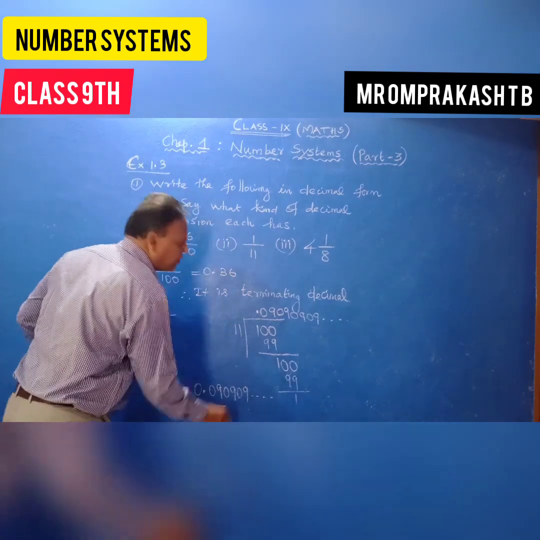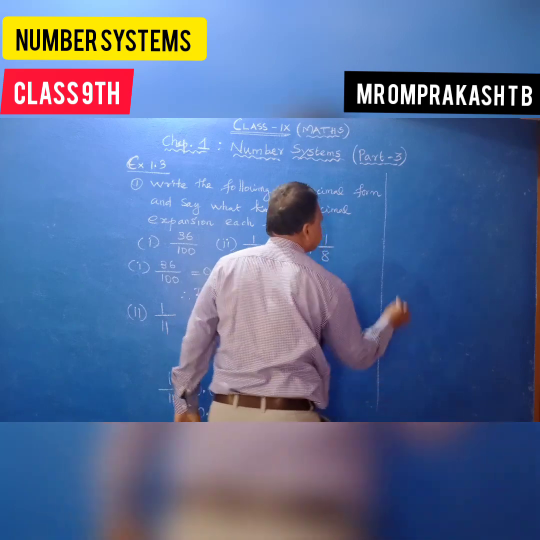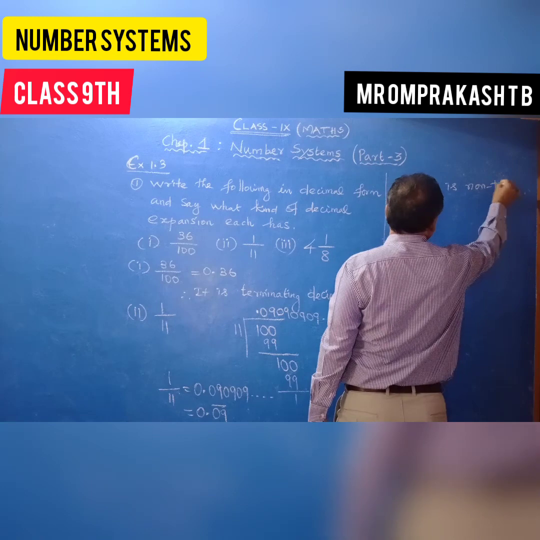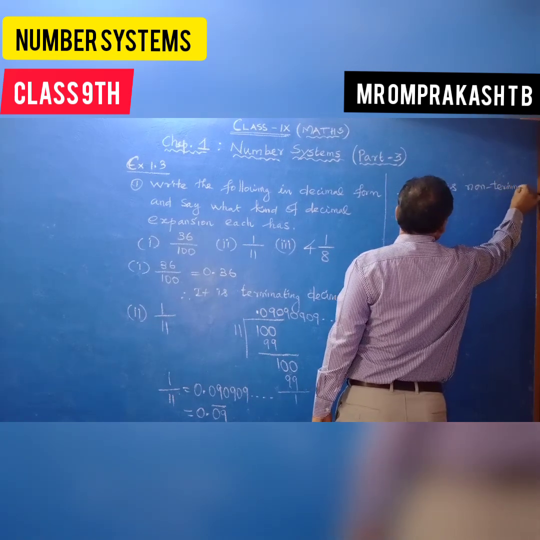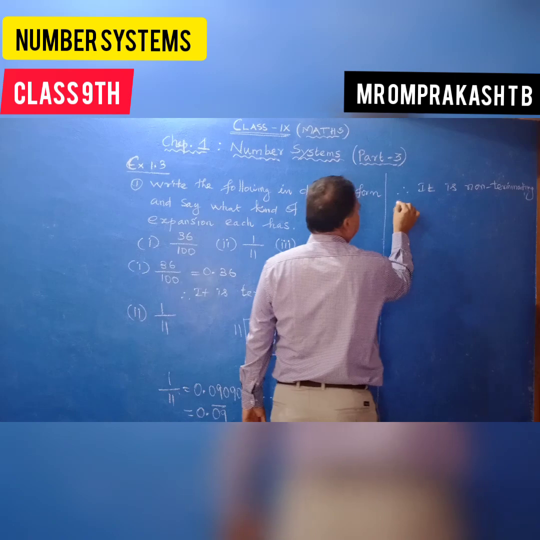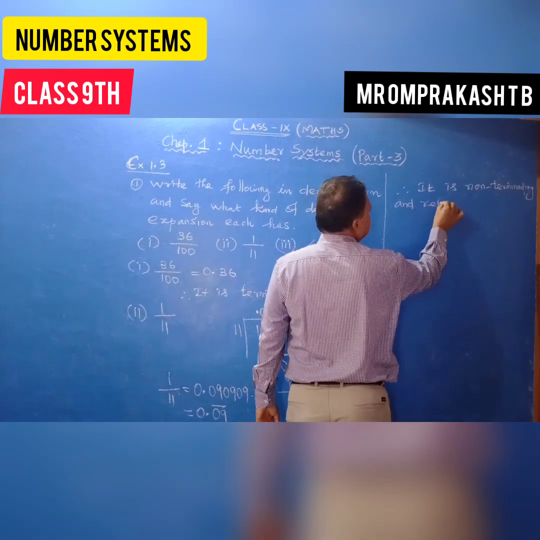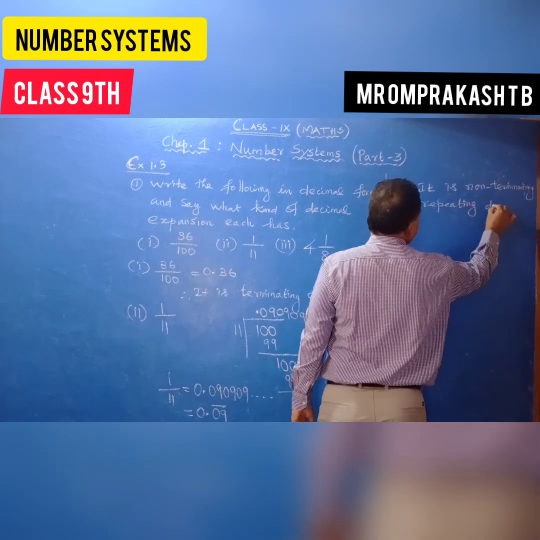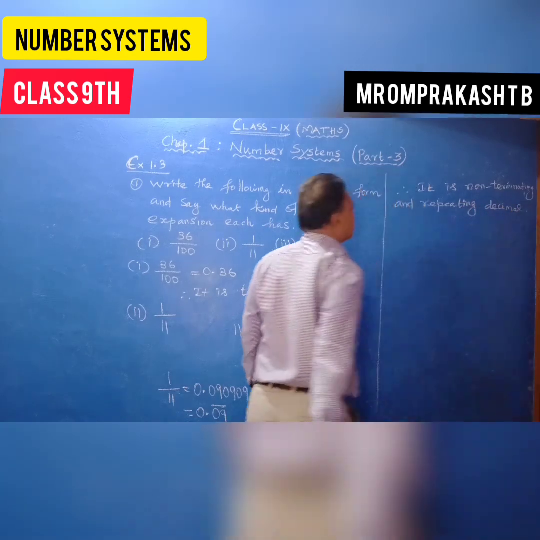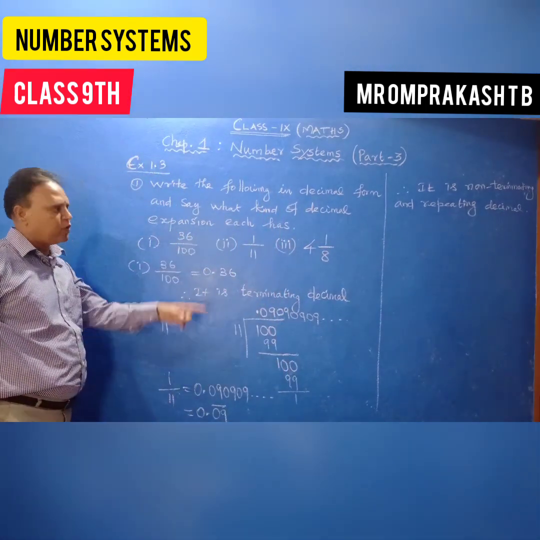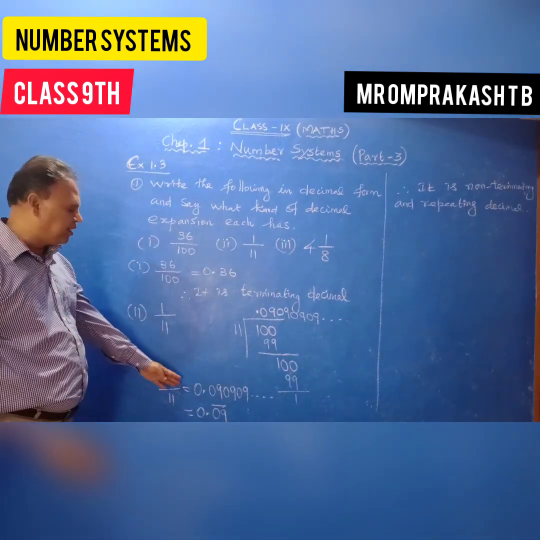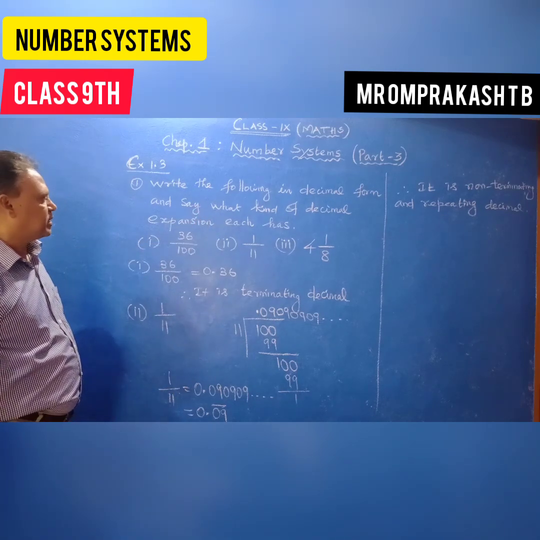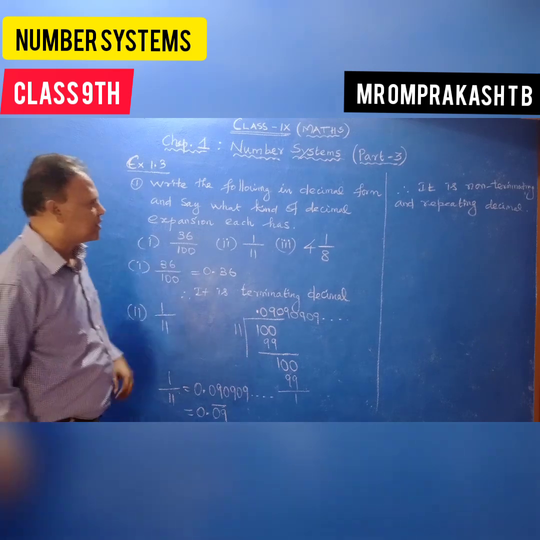It is non-terminating and repeating decimal. Okay, the question mainly asked what kind of decimal, so you have to mention the right answer. Clear? Only up to that if you do means you will not get full mark. How to write the type of decimals. Clear? Third one we will see.